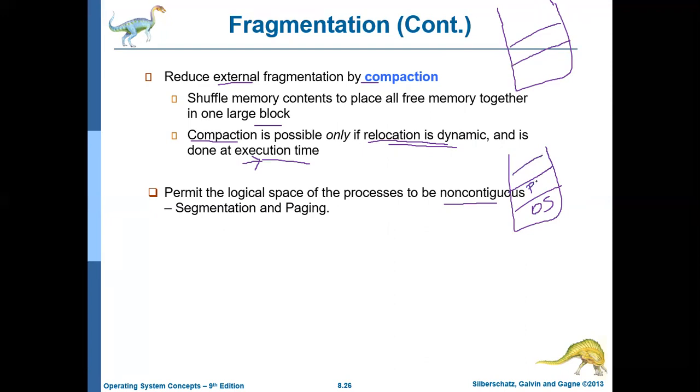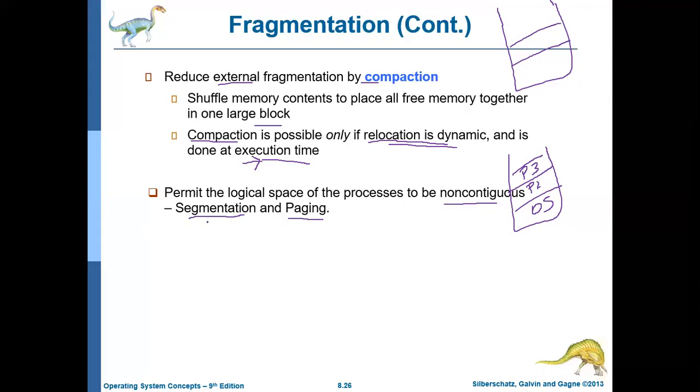But the second way of dealing with external fragmentation says that if memory can be allocated in a non-contiguous fashion, then also external fragmentation can be avoided. We'll be discussing two techniques for that: segmentation and paging. The rest of the entire topic will depend on this.